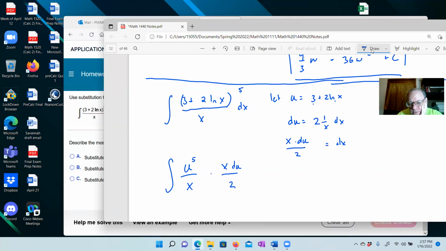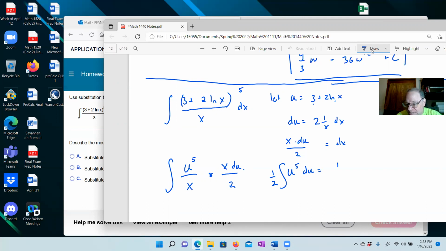The x's cancel because they're all times. So we have the integral of u to the 5th du, and the 1/2 comes out to the front of the integral because this is all times. If there's a plus, you can't do it, but it's times, so you can.